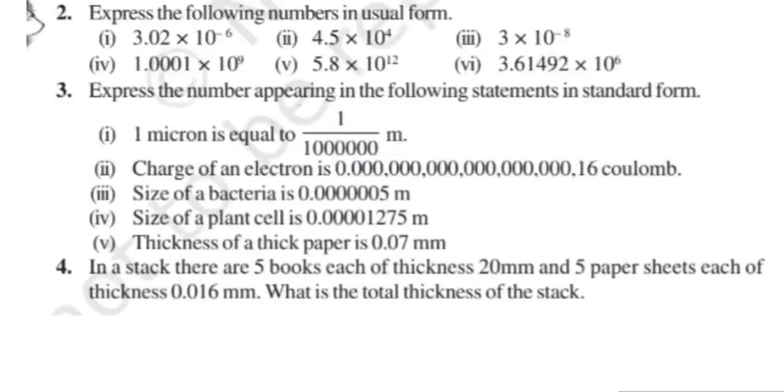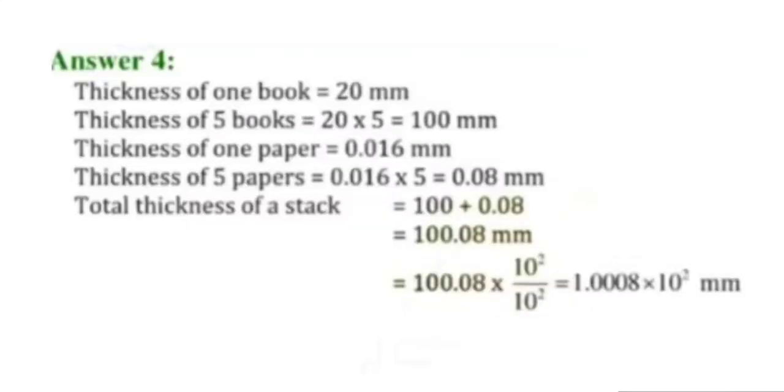Okay. Now see question number 4. In a stack there are 5 books each of thickness 20 millimeter and 5 paper sheets each of thickness 0.016 millimeter. What is the total thickness of the stack? Now see the solution. Thickness of one book is given, 20 millimeter.